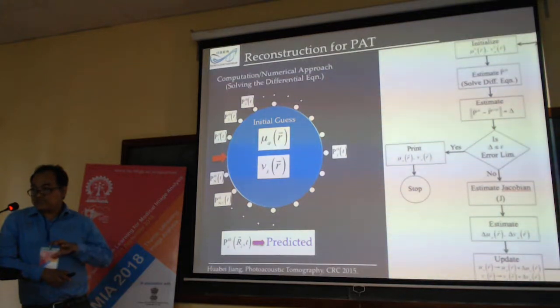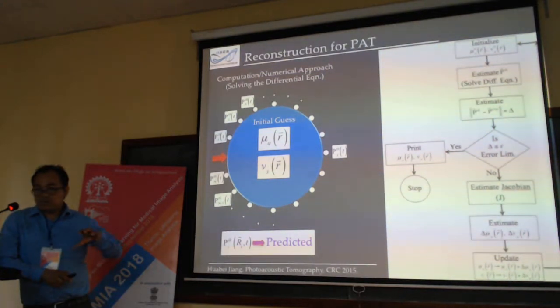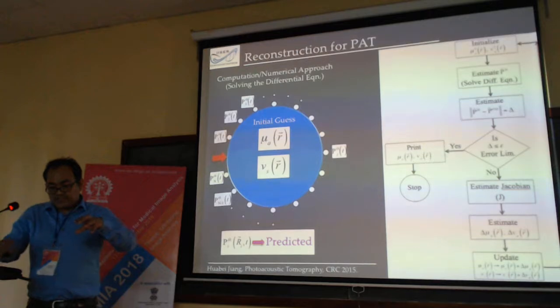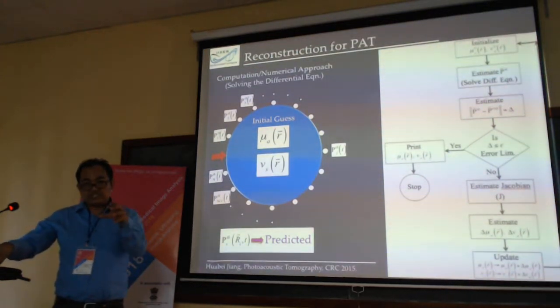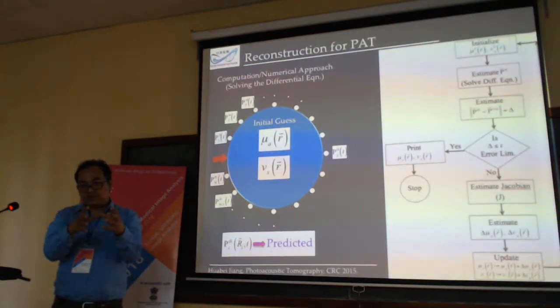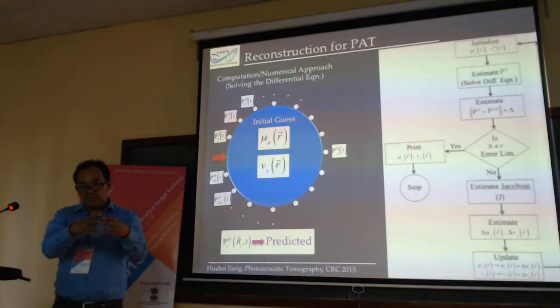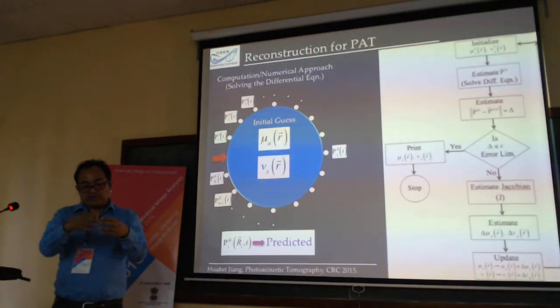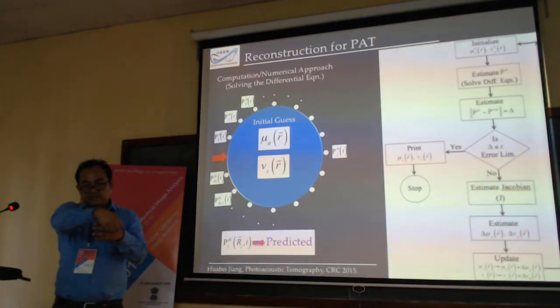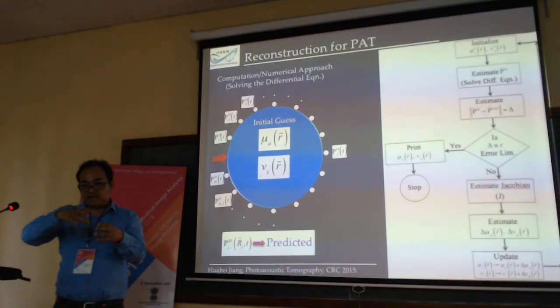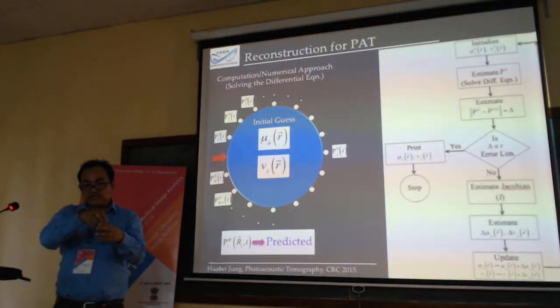Is it okay? Shall I move on? So what is happening is that for an unknown sample, we don't know the distributions of the absorption coefficients or velocity of sound over the sample. When light is illuminated, experimentally we can keep the detector around and measure it, but we don't know what is inside.